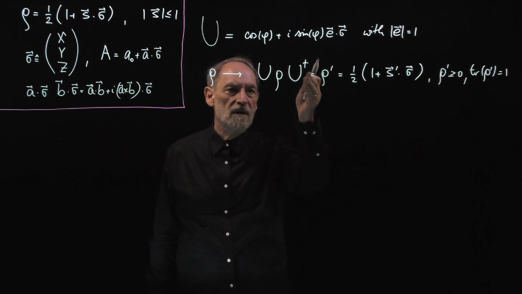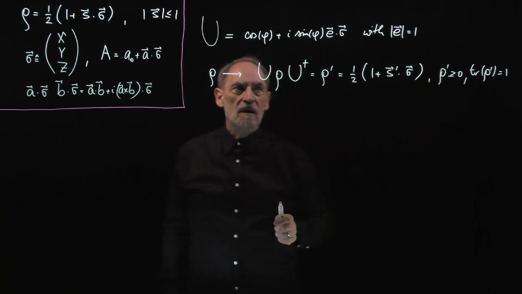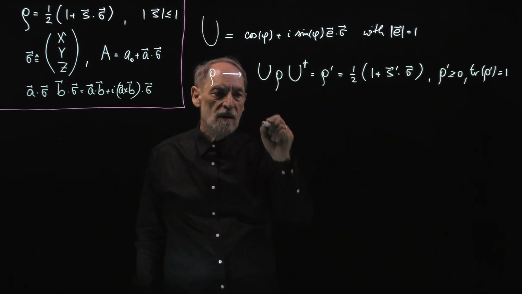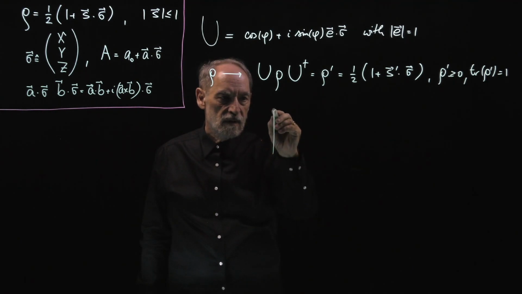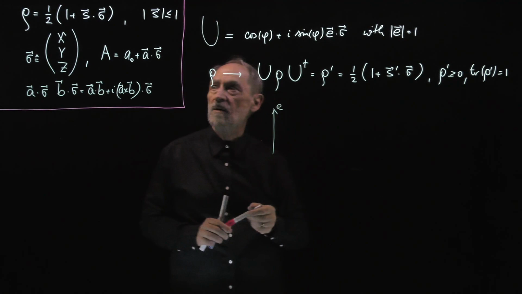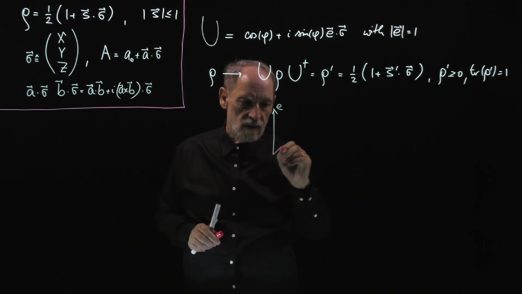How does this unitary transformation change S into S prime? And for that we recognize that there is a particular direction in space specified by E. So we have this direction E, and then we have the direction of the Pauli vector S. So let me draw this here.